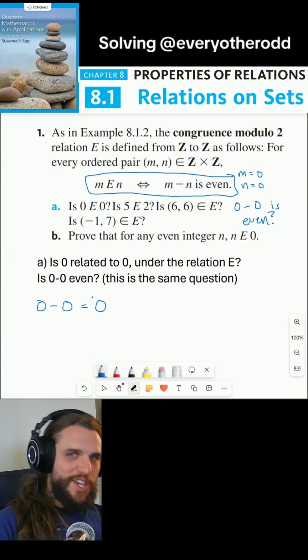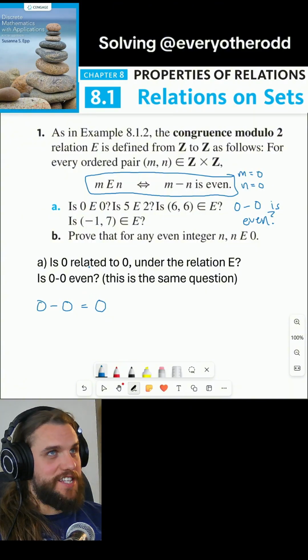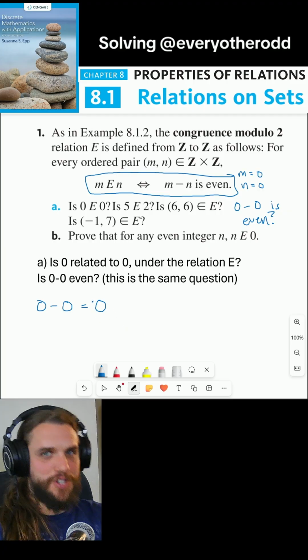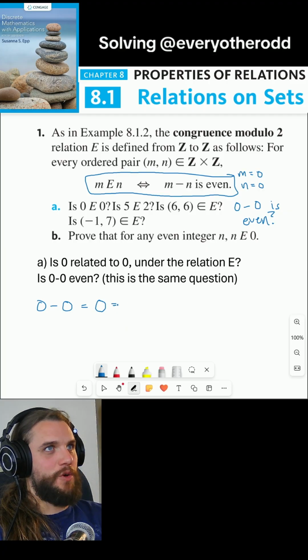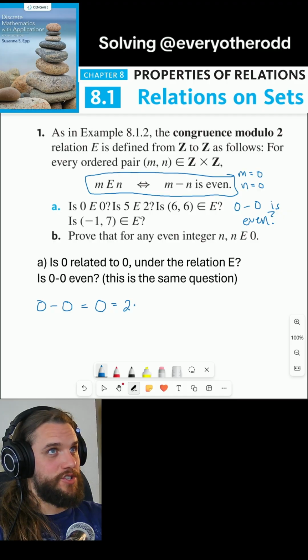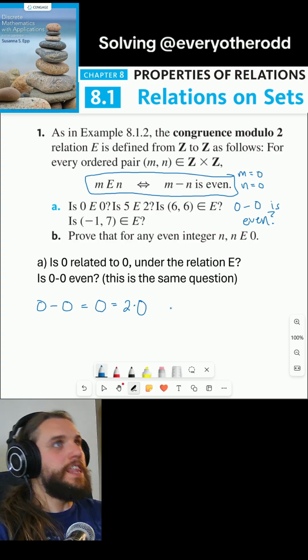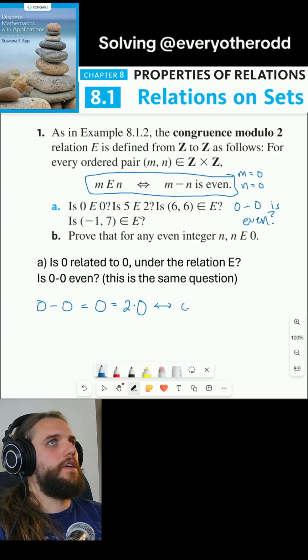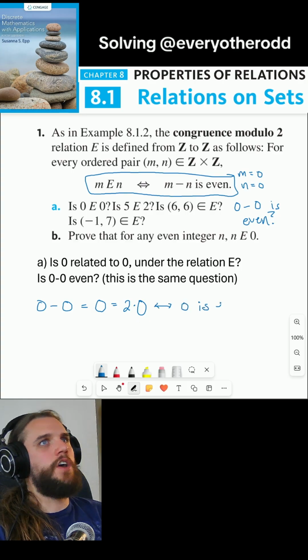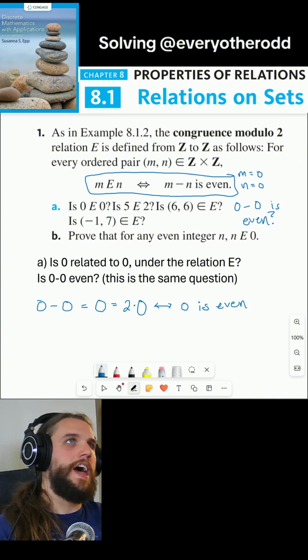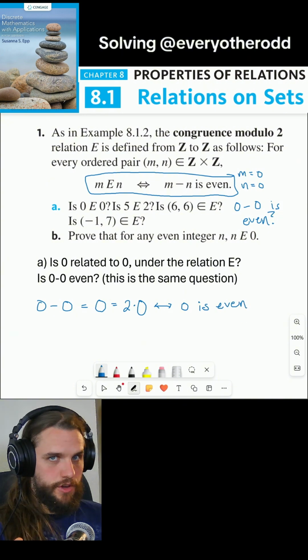However, in this class, we have to demonstrate that it's even, meaning we have to write this number as 2 times some integer. So I'm going to rewrite this 0 as 2 times 0. 2 times 0 is also 0, but this implies that 0 is even, though that's kind of obvious. Here we have made that justification to avoid circular reasoning.